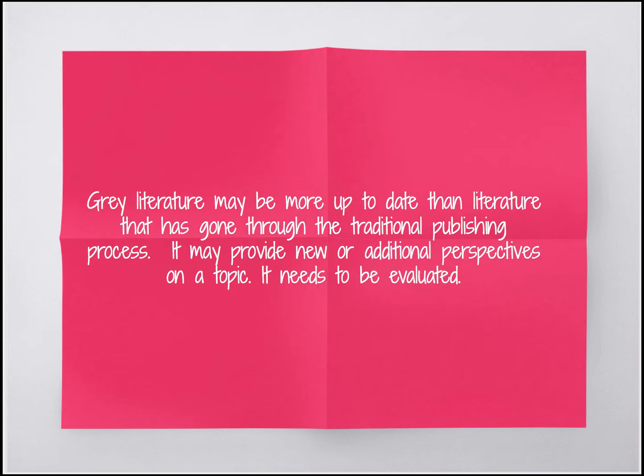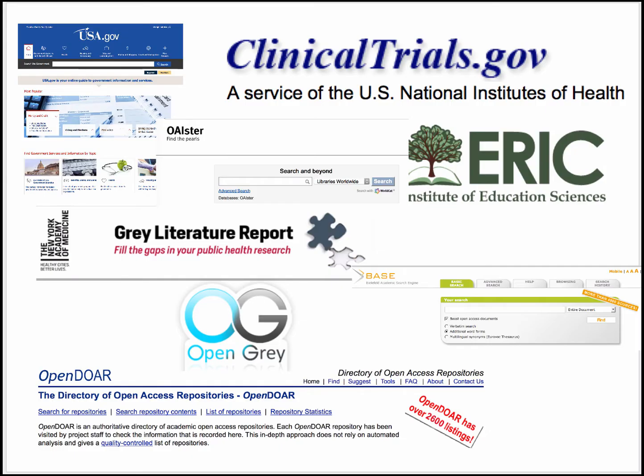Gray literature may be more up-to-date than literature that has gone through the traditional publishing process. It may provide new or additional perspectives on a topic. Of course, it needs to be evaluated, as does any source that you use, but especially because it hasn't been vetted. Among the places that you're going to find gray literature, some of our old friends like USA.gov, clinicaltrials.gov, and ERIC, but there are also some special portals and sometimes search tools for finding gray literature, and they're listed here, and these are hyperlinked, and I hope that you choose to take a look at some of them and see their value.